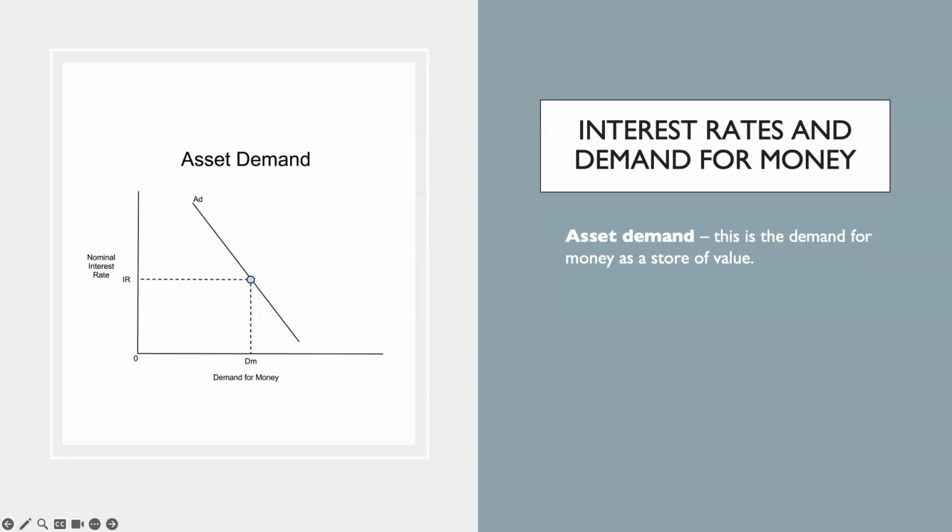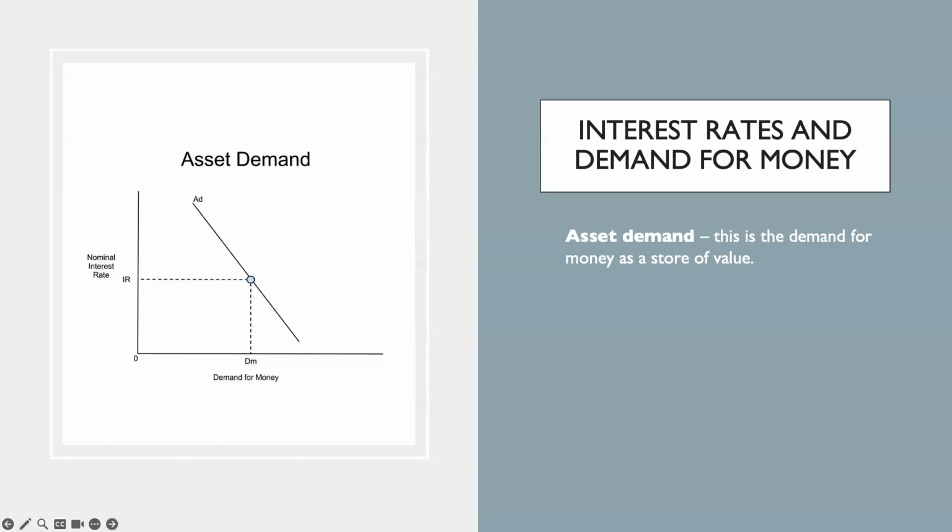As you can see here, this is a very familiar graph. We just discussed determinants of interest rates, and in that particular lesson, we have proven that there is an inverse relationship between the demand for money and the nominal interest rate prevailing.